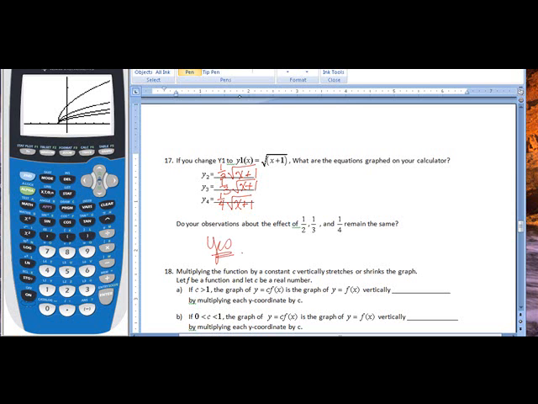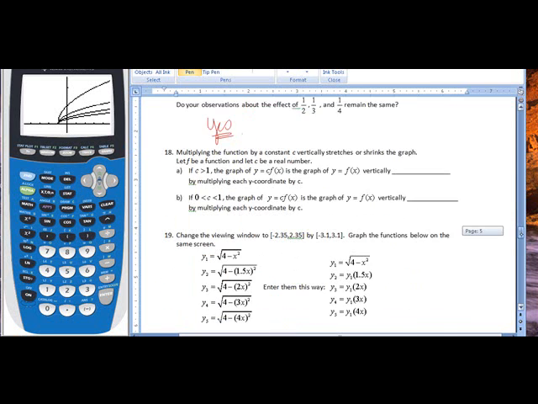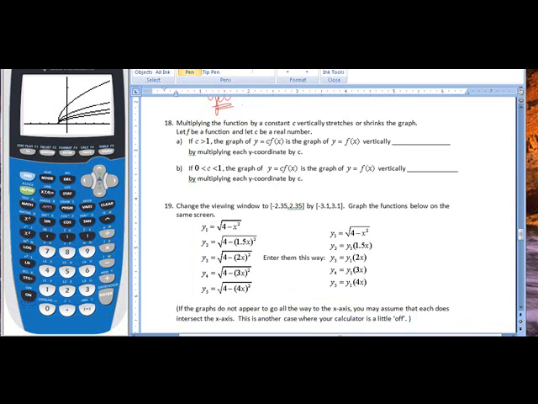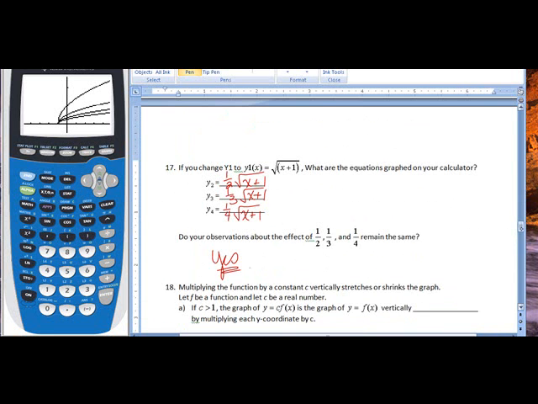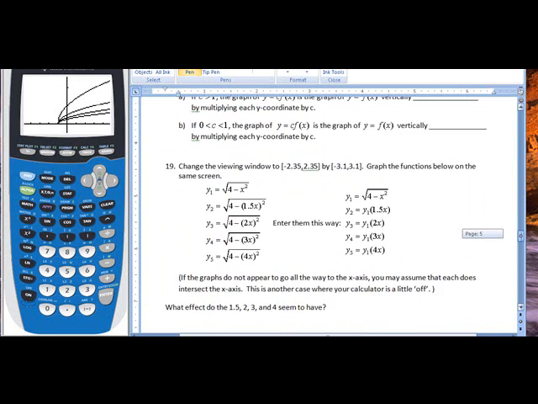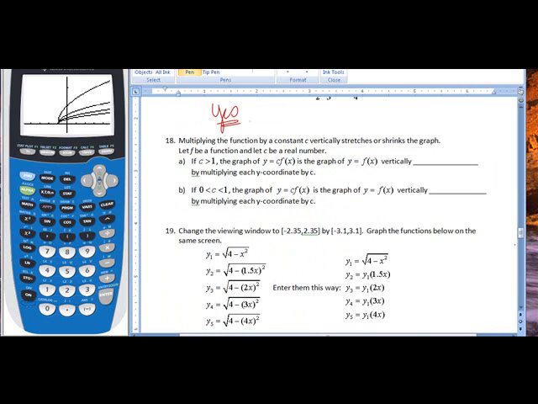So to summarize this, let me make that a little bigger. Number 18, part A. If c is a number greater than 1, and we multiply that number bigger than 1 times the function f of x, that vertically stretches our graph by multiplying all of our y coordinates by c.